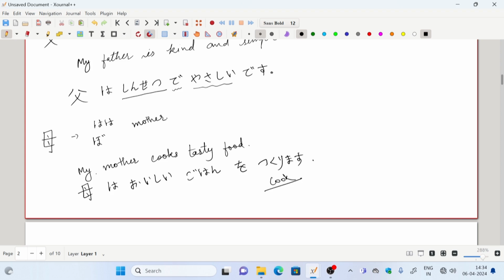Only the presentation is different, the vocabulary differs. So if it is a plate, it is a Western style serving. If it is in a bowl, it is a Japanese style of serving. On a plate, you are supposedly eating it with a spoon, but if it is in a bowl, Japanese people are eating with chopsticks. So this is how the culture difference comes.